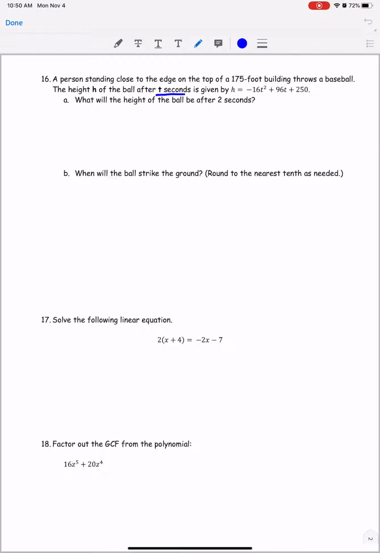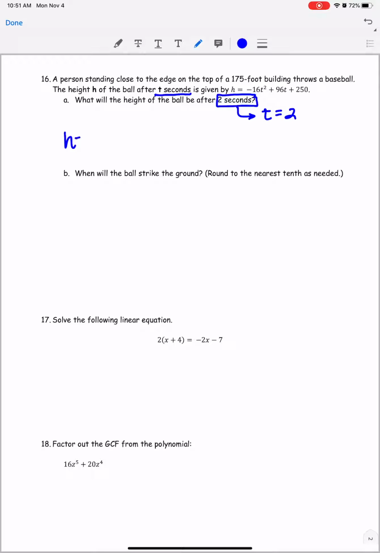So, because my t represents seconds, and now they're telling me 2 seconds here, my t equals 2. So take that equation and plug in a 2.